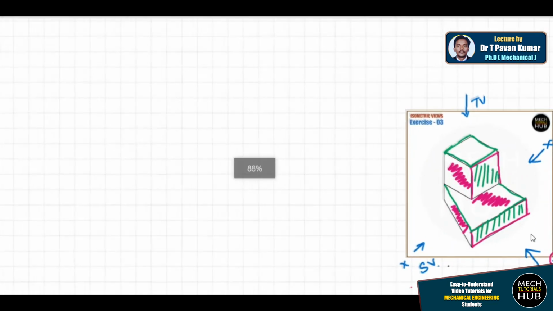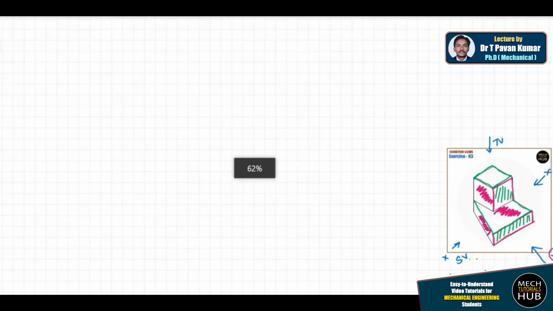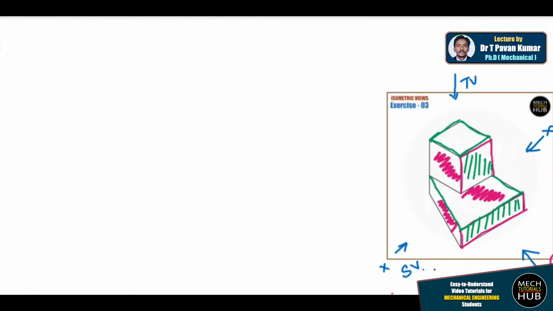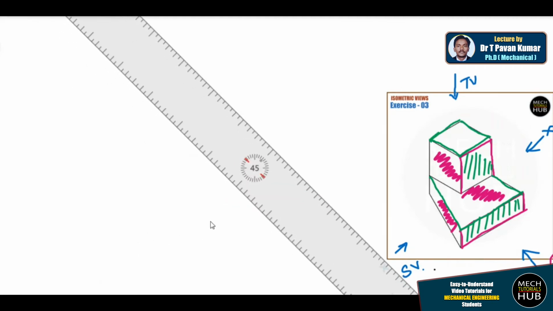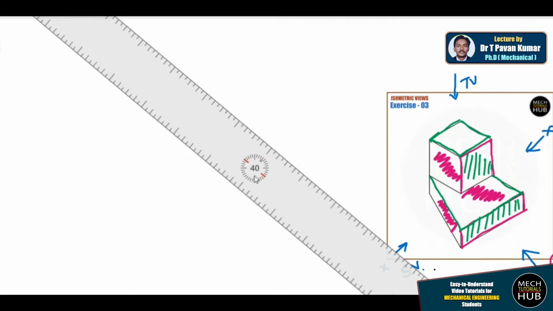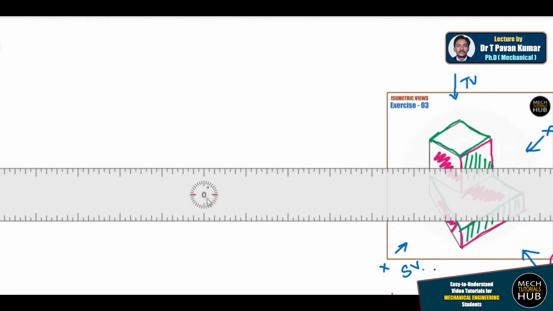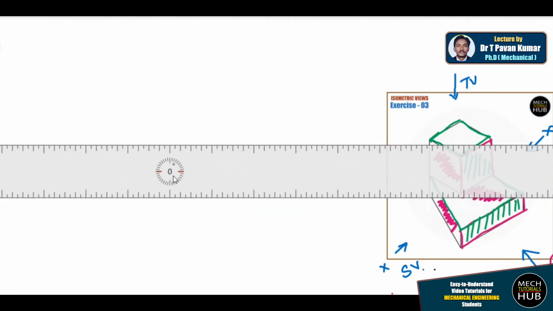Let me keep it aside and start by scale. Let us consider this as a drafter scale and start drawing it. Let me keep it to 0 orientation. I'm going to start with the front view.